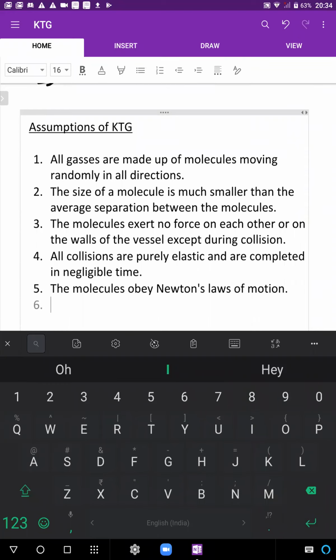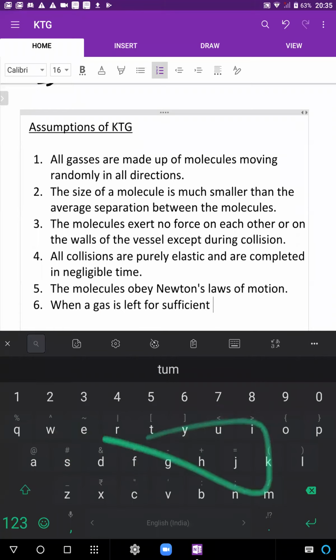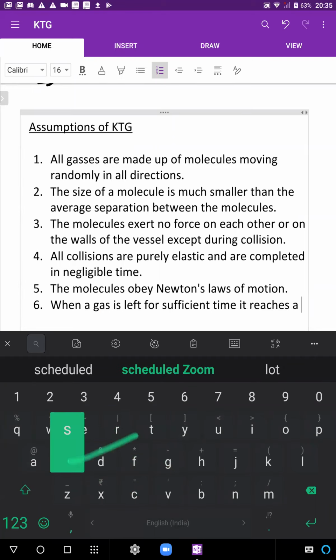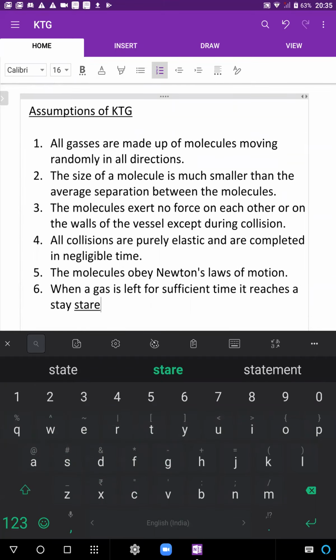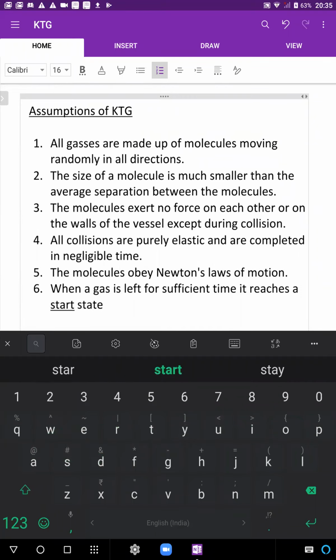Finally, sixth postulate: when a gas is left for sufficient time, it reaches a steady state. So once the entire process of diffusion and mixing is over, it reaches a steady state. Full stop.